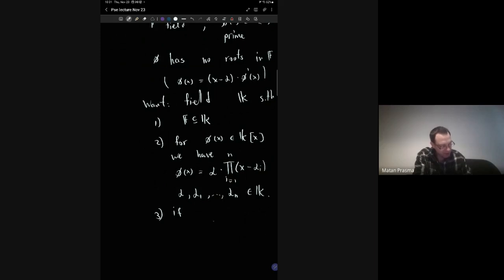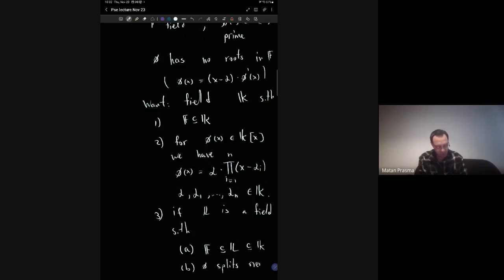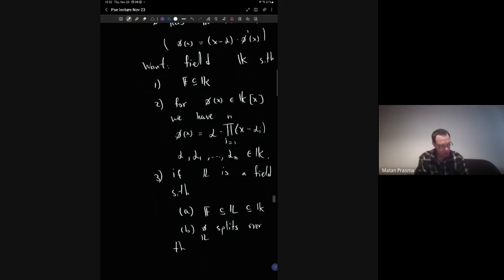If L is a field that on one hand sits between F and K, and on the other hand phi splits over L, then L must be equal to K. And you cannot do anything smaller than K.